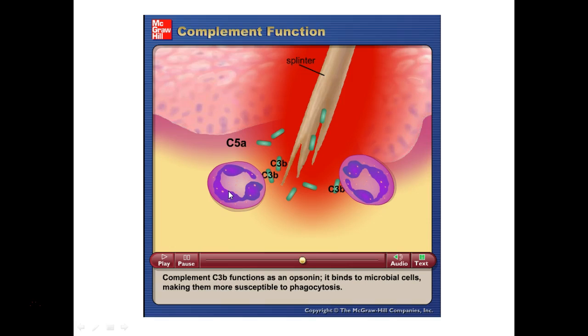So other molecules that you see are C5a. Again, this is another component that broke into two pieces. These protein components, one of them in this case is tagging them. Others are very important for communication. So C5a is a chemoattractant, specifically calling the neutrophils to this particular area.